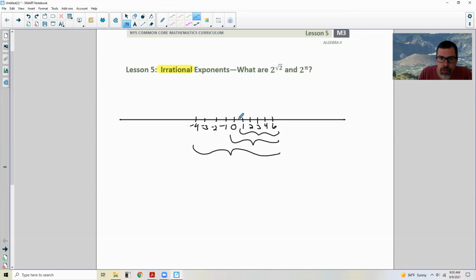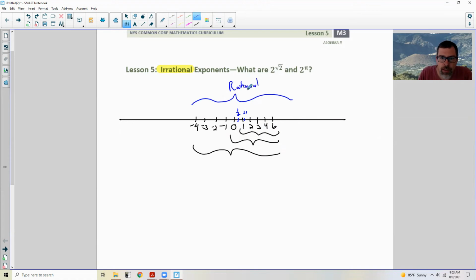But then when I start putting in, let's say, 1/2 or 1.1, all these decimals and fractions in between, now we're talking about rational numbers.